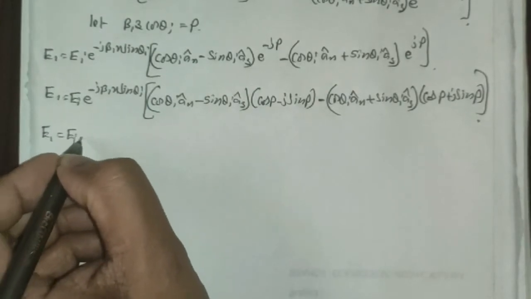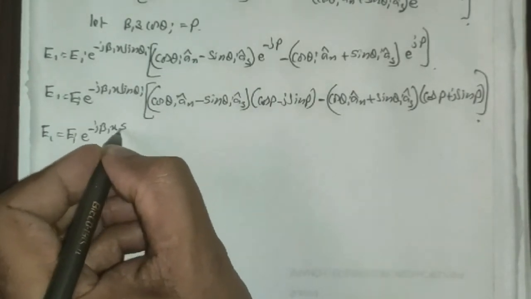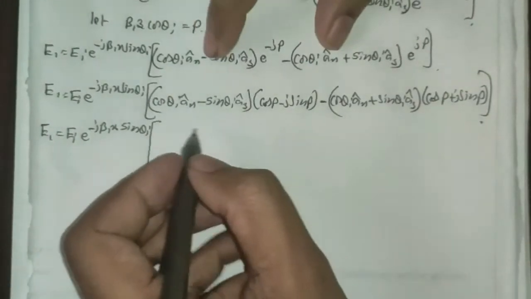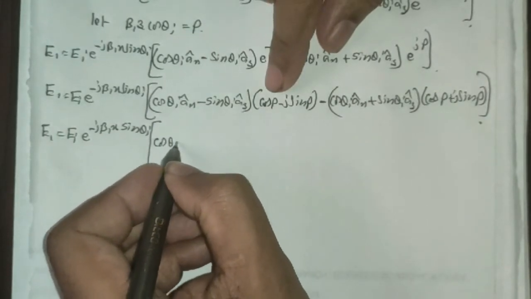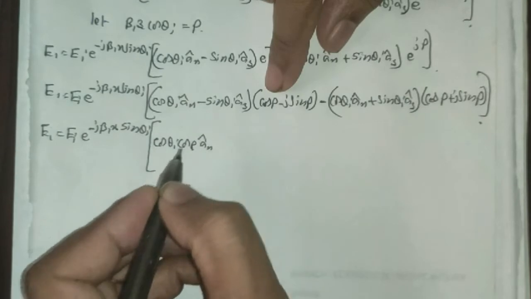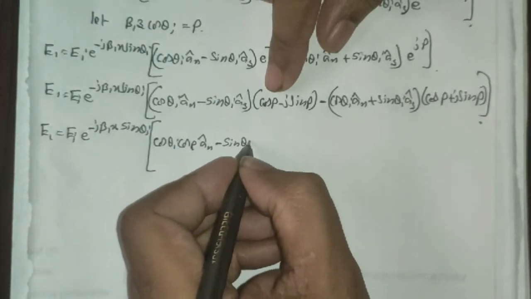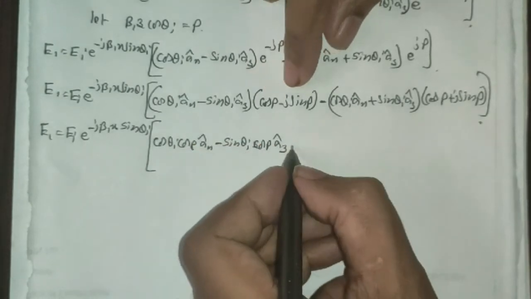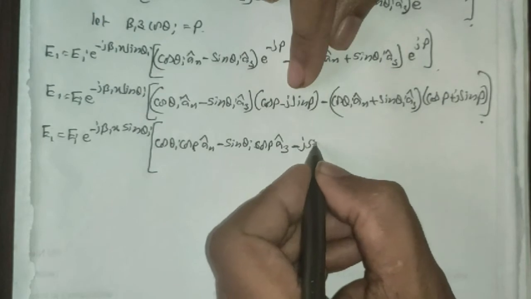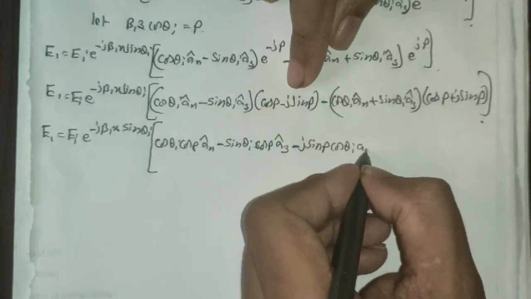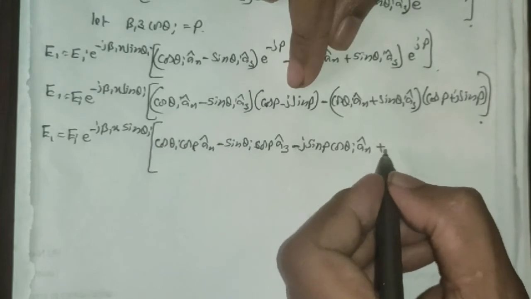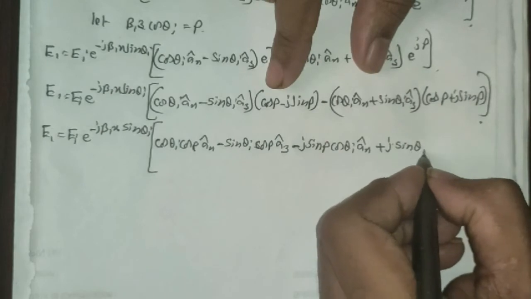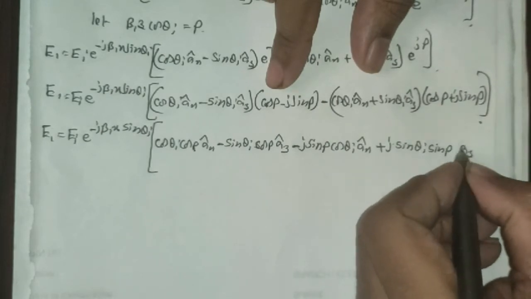So E1 equals Ei into e power of minus j beta 1x sin theta I into, please concentrate on this, cos theta I into cos p into ax cap minus sin theta I into cos p into az cap, minus j sin p into cos theta I into ax cap plus j into sin theta I sin p into az cap.